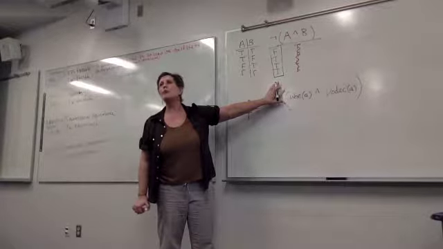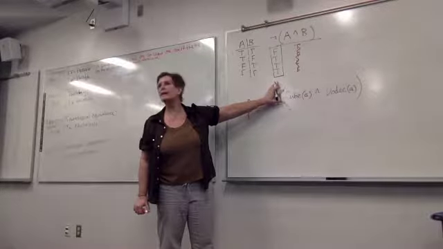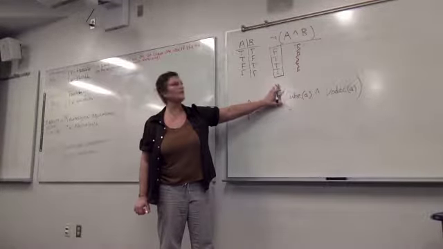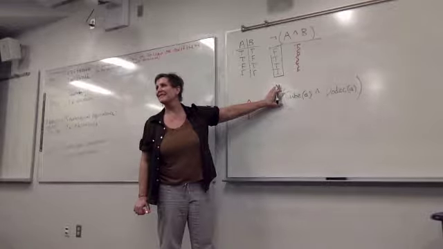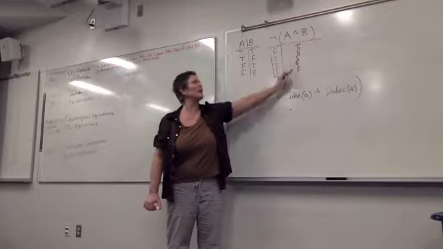From the standpoint of a truth table, what are we going to get in terms of values? One true and three false? Yeah. One true and three false.